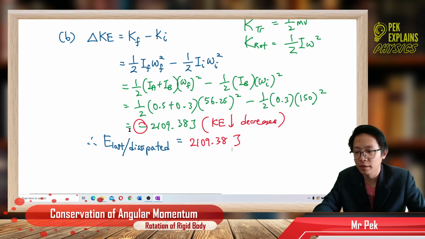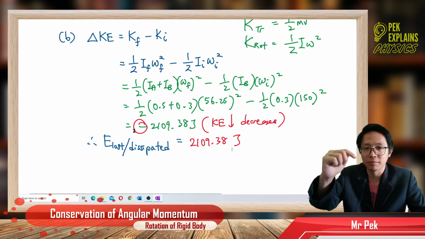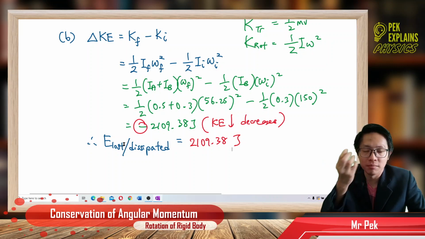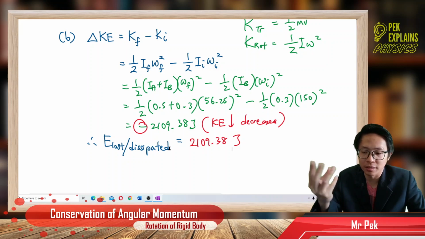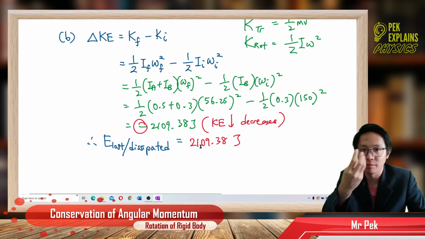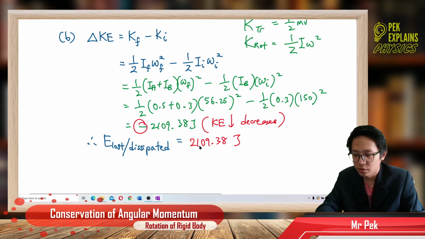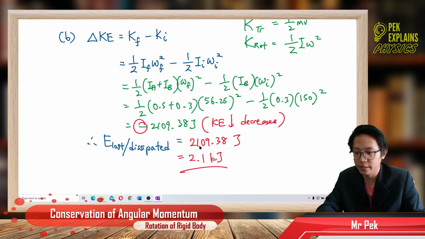No need to put the negative. The negative last time just means something decreased. This time, I just want to find the amount of energy lost, so no need for the sign. Just put positive, the size of the amount lost, which is also 2.1 kilojoule, because this is 10 to the power 3, so kilo.